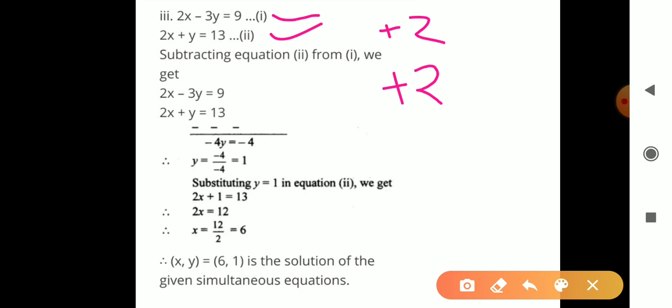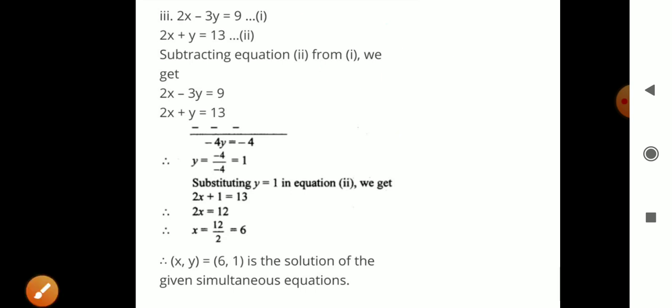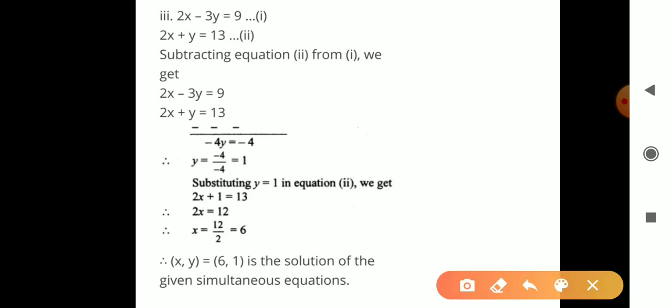And we know that when signs are the same, then we have to subtract the equations. Okay, so here we can subtract equation 2 from equation 1, or we can subtract 1 from 2 also. So subtract equation 2 from 1.